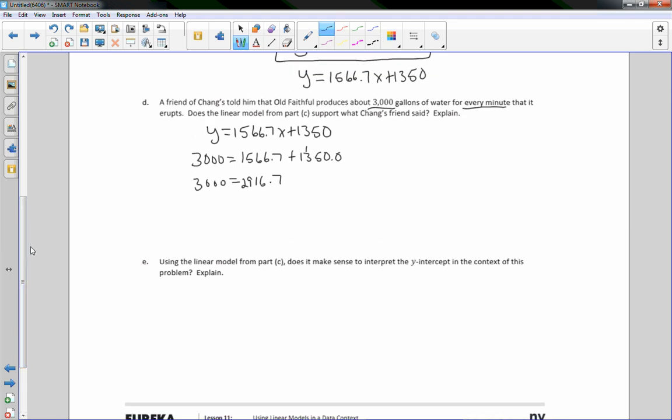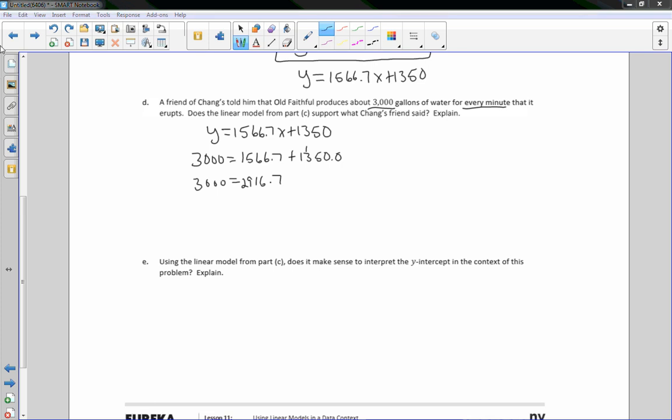But, let me give that some thought though. That's not true. In the first minute, that would be true. But then if it's 3,000 gallons, that would mean that every minute, this would be the same every time. So, well, I don't know. We'll see. I'm thinking that's kind of close.